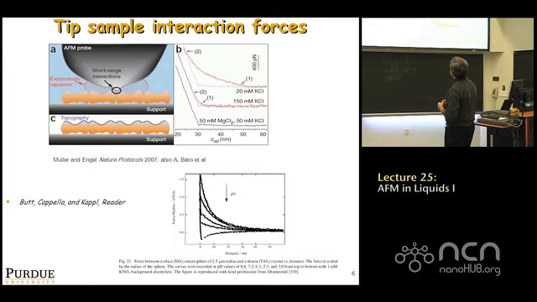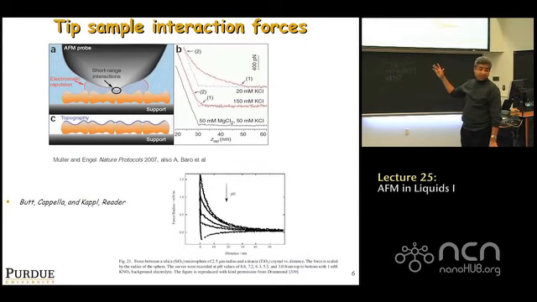This is from Miller's review article. You see distinct sets of FZ curves taken with different salt concentrations. The cantilever is the same, the surface is the same; all you're doing is changing the salt concentration of the water.